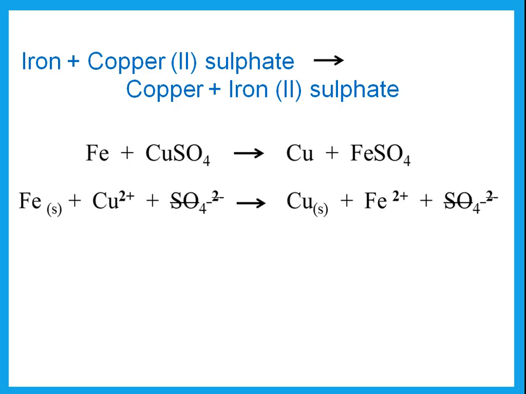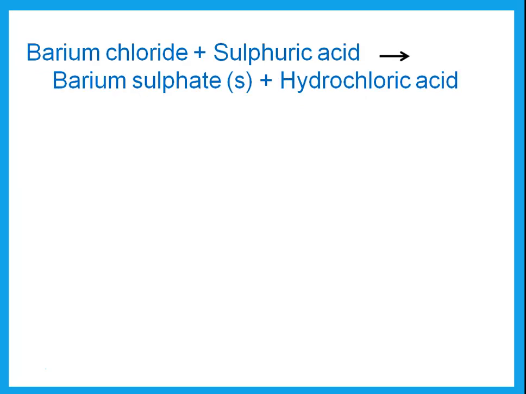But the copper 2 plus is not the same as copper. And Fe2 plus is not the same as Fe. So they don't cancel. The only thing that's exactly the same on both sides is the SO4 2 minus, and that cancels, so you end up with Fe plus Cu2 plus to give Cu plus Fe2 plus.